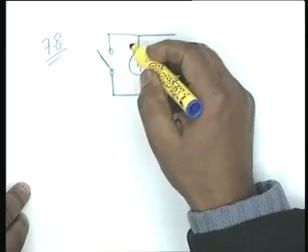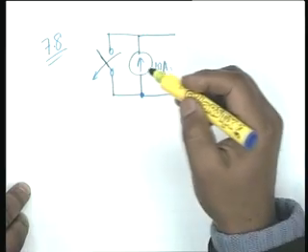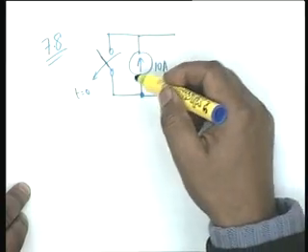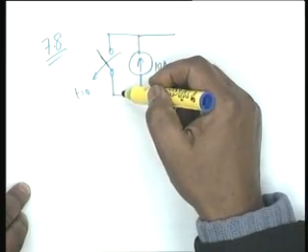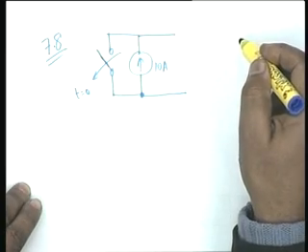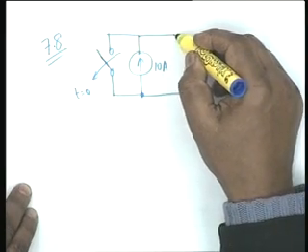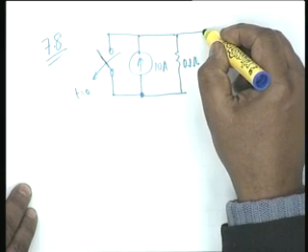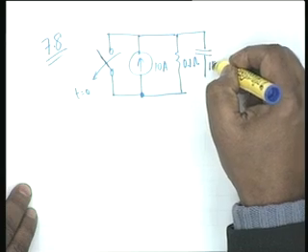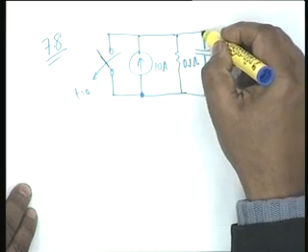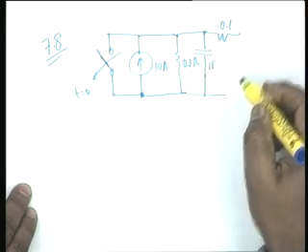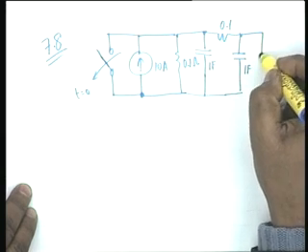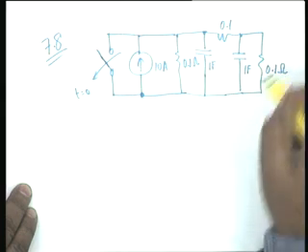Okay? There is a current source which is switched off here at t equal to 0. So if the switch is on, all the current will pass like this. If the switch is off, the current will pass in the other direction, and in the other direction you have a 0.1 ohm resistor and a parallel combination of 1 farad capacitor and 0.1 ohm resistor.